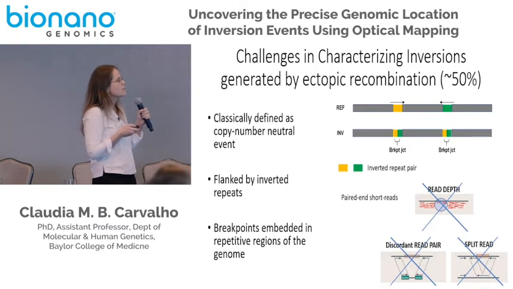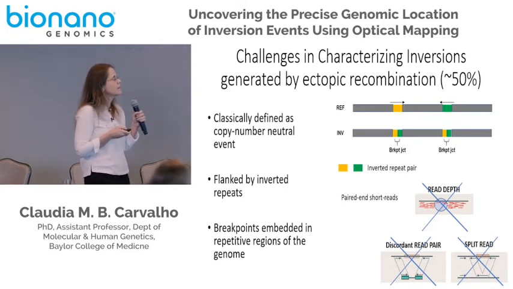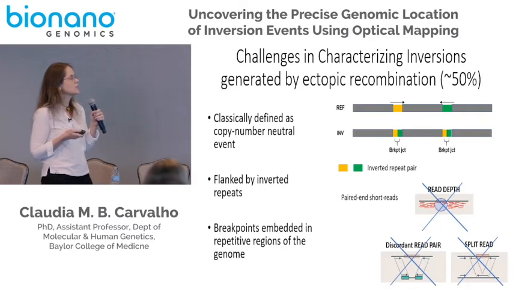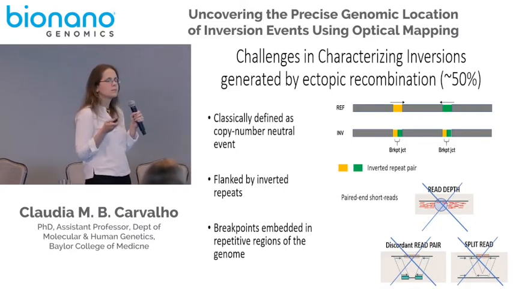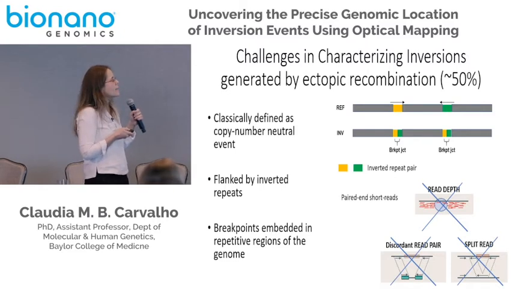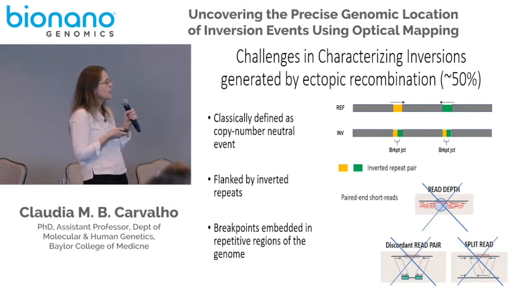To summarize, we are blind to these inversions, exactly what Jennifer just talked about before me. Why? Because for inversions formed by non-allelic homologous recombination, the breakpoint junctions map inside these repeats, and they usually don't have a copy number event along with them, so read depth is not going to detect them.